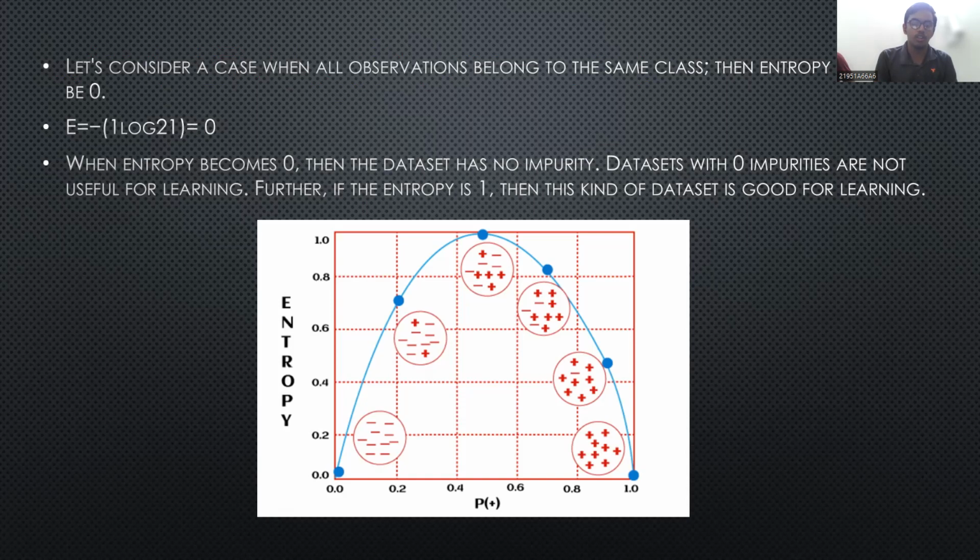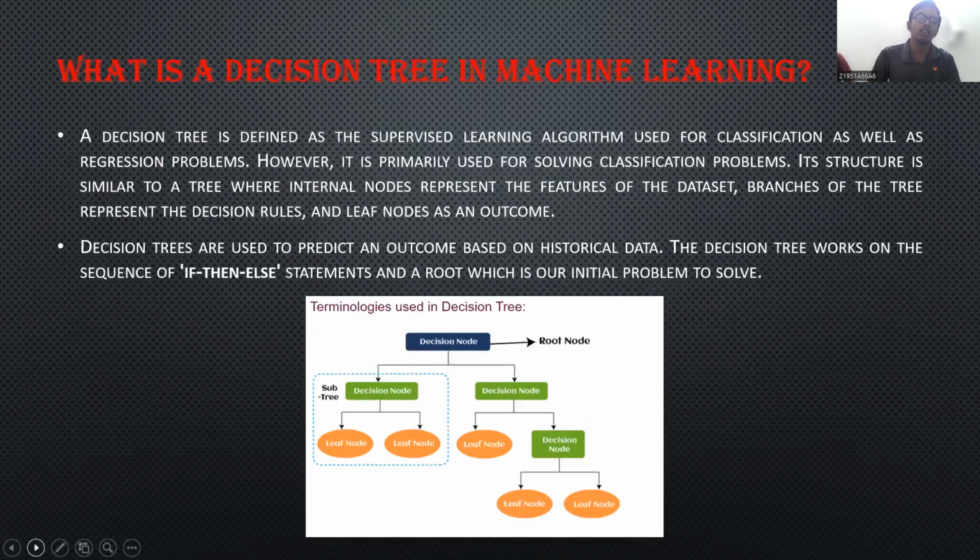If the entropy is 1, then this kind of dataset is good for learning. For the x-axis, we have 0.0, 0.2, 0.4, 0.6, 0.8, 1.0. This is entropy.